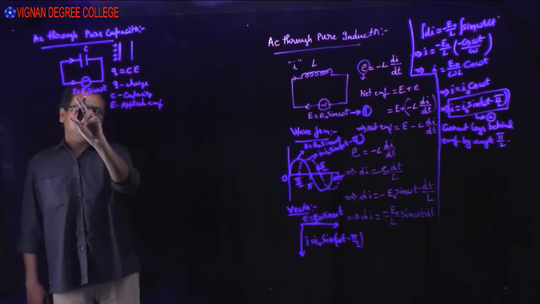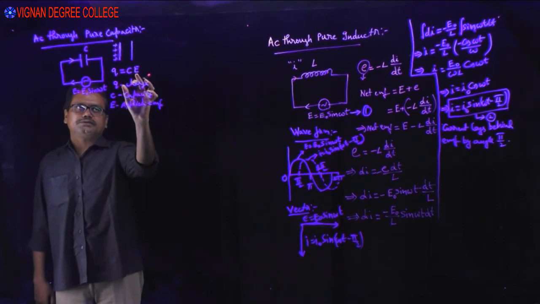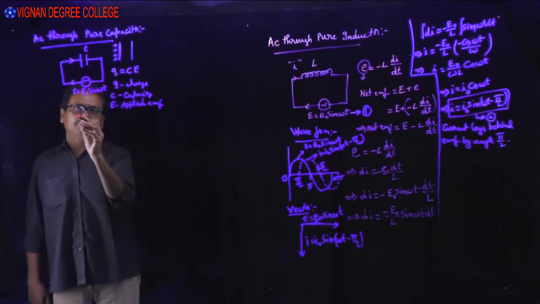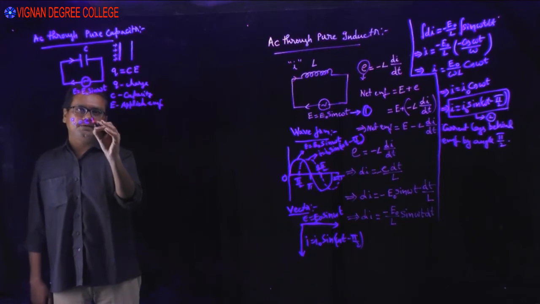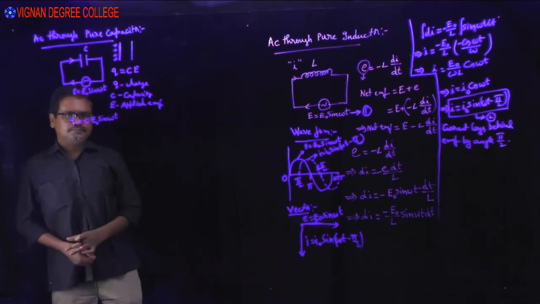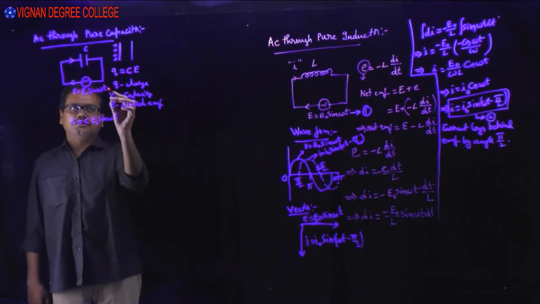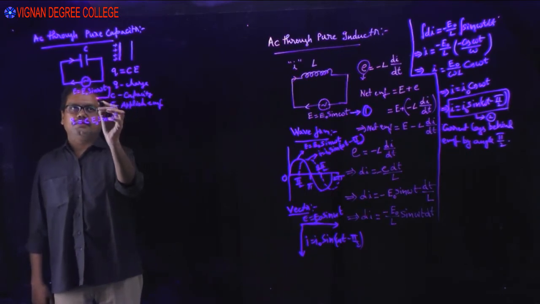But here in the circuit, applied EMF E is equal to E naught sin omega t. By substituting that value here, we get Q is equal to C E naught sin omega t. Let us consider this as equation 1.